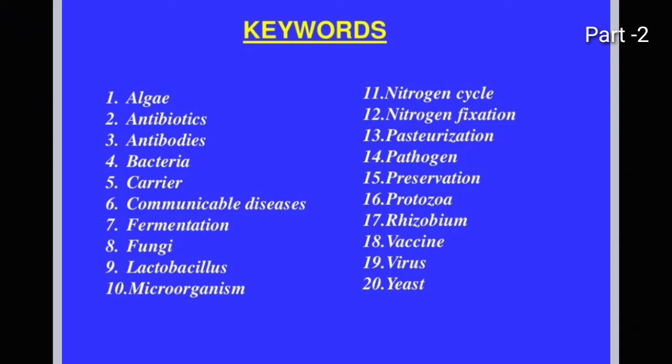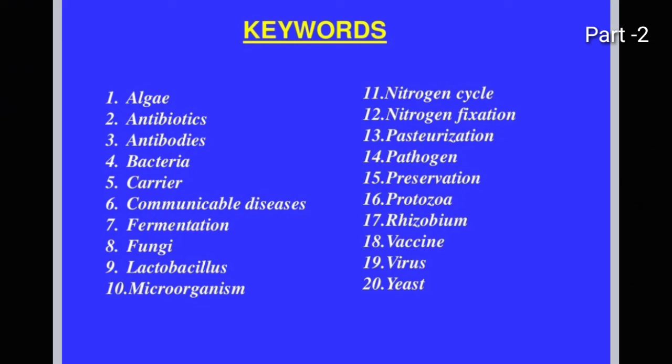Then what pasteurization was, and what pathogens are, which are disease causing microorganisms. Then preservation, how food is preserved. We have discussed various methods. First was the chemical method, then preservation by common salt, preservation by oil, and preservation by vinegar also. So these were some of the preservation methods. Next is protozoa. Protozoa are microorganisms which cause the disease called malaria.